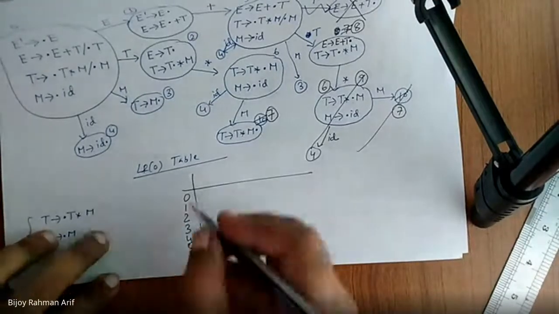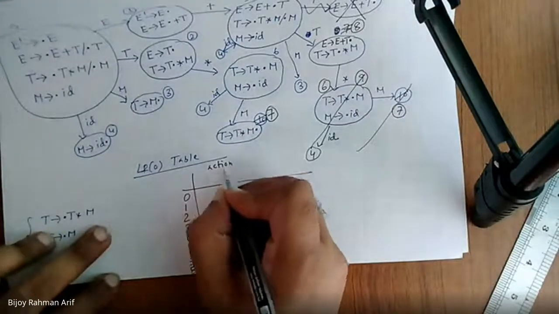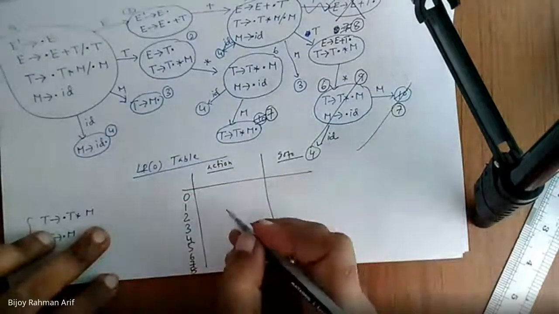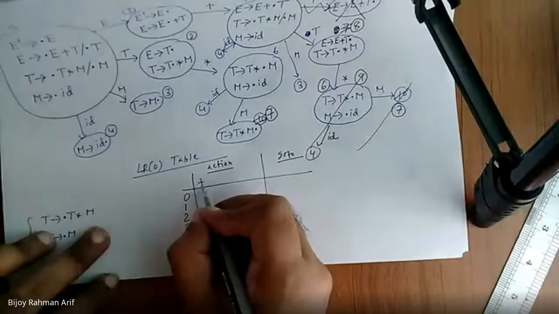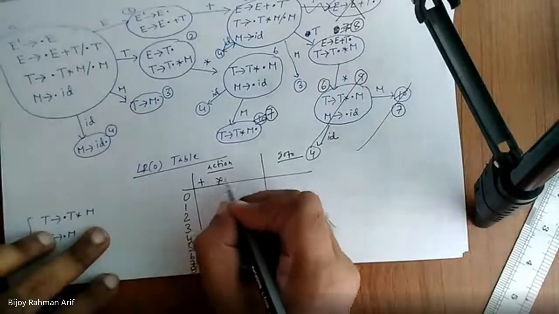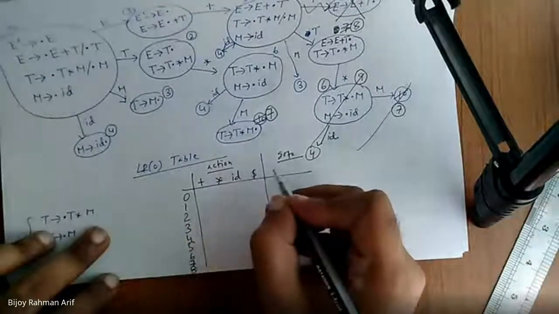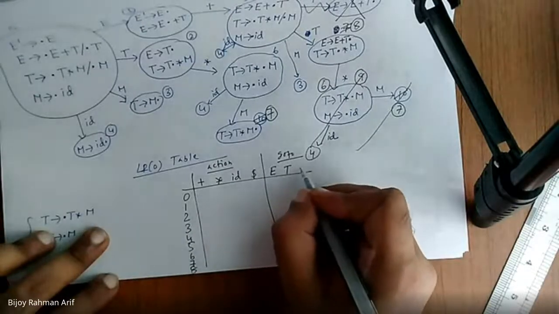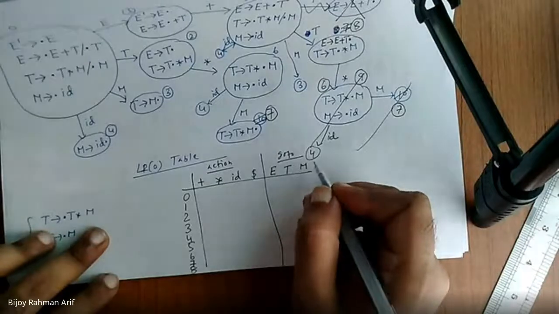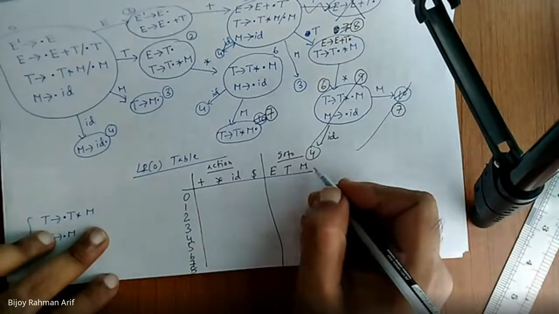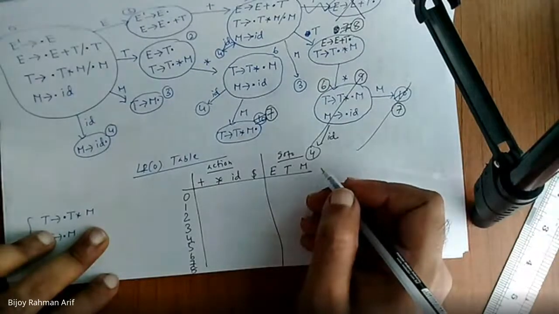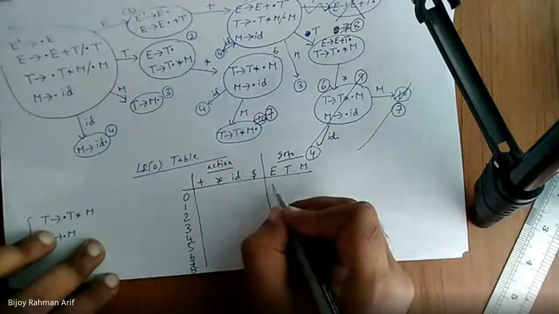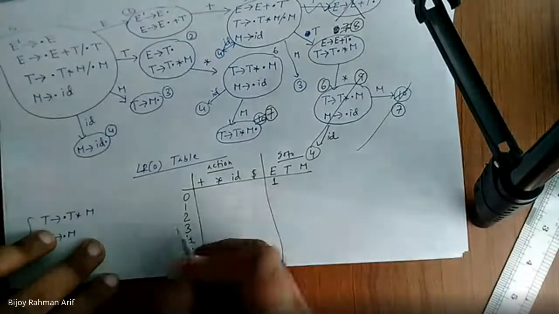Okay, so the action part is like this, and the goto part like this. So what is the action part? We have plus, star, ID, dollar. Goto has E, T, M. So 0 seeing E, where should I go?